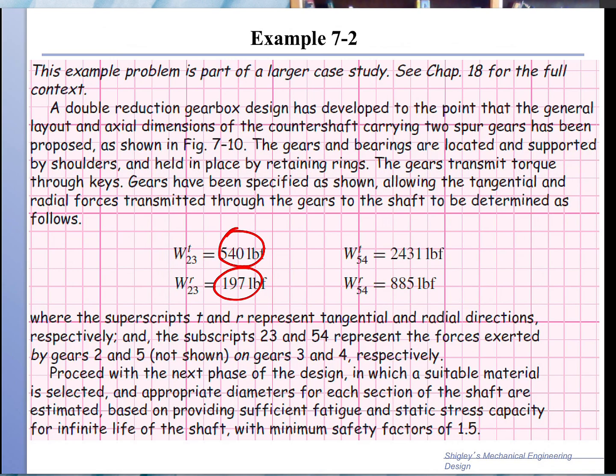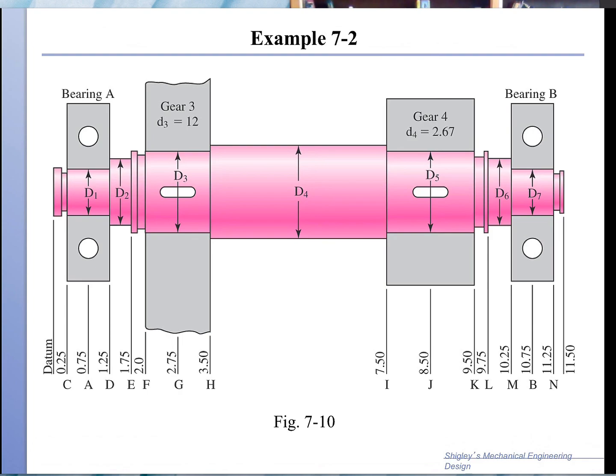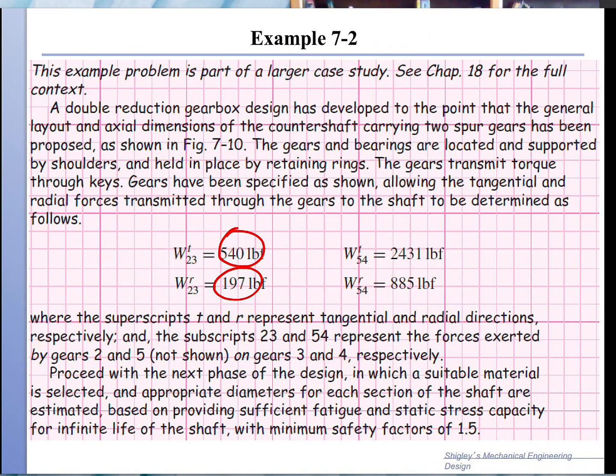Now, if you look at gear 4, it is receiving force from gear 5, and this force has two components, but it's a large force because the diameter of the gear is small. So the small diameter will have to take a larger force, and the large diameter will have to take a smaller force, because the torque has to be the same.